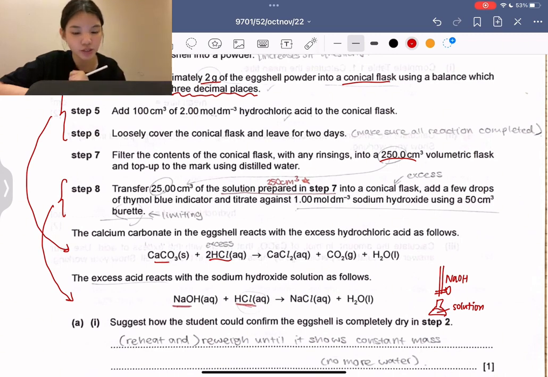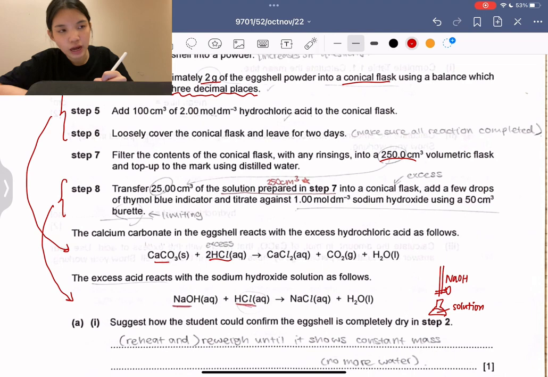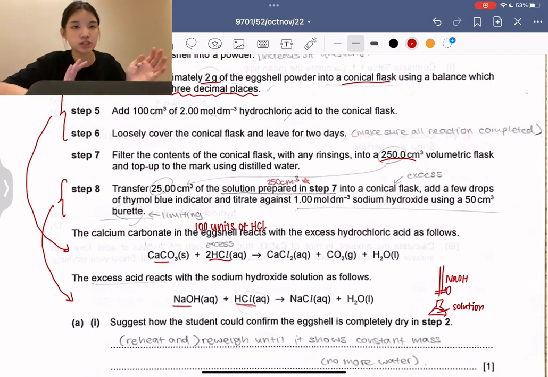The concept of this is quite hard to grasp, so I'm going to say it in easier words. First, the CaCO3 powder is going to react with excess HCl. For example, I can say there is 100 units of HCl added to a container with CaCO3. Then they react, but not all the HCl reacts with the CaCO3.